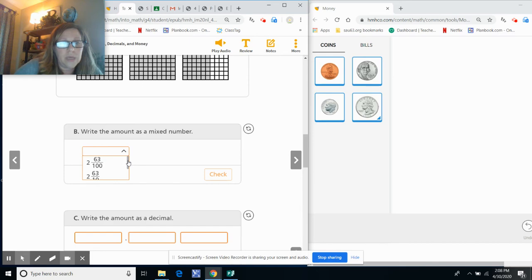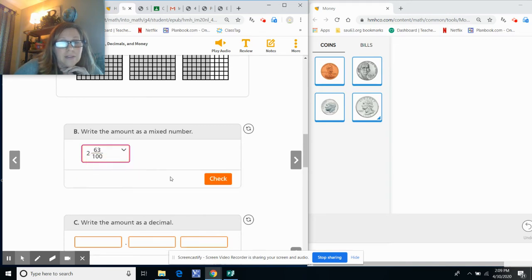Is it 2 and 63 hundredths? 2 and 63 tenths? Or 2 and 63 over 1? I'm hoping that all of you said, ding, ding, ding, the first one, 2 and 63 over 100, because it's 63 out of 100.